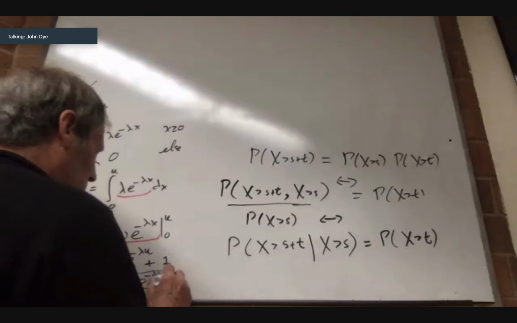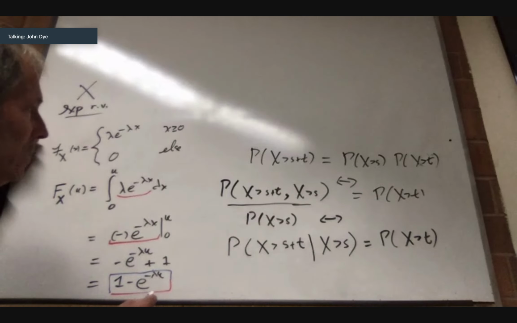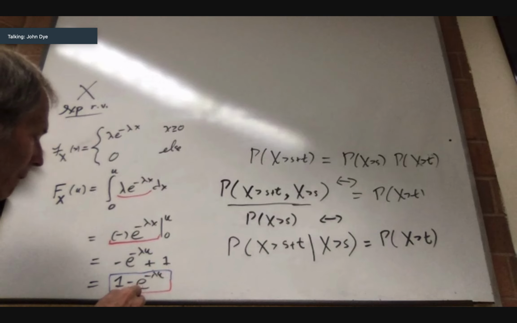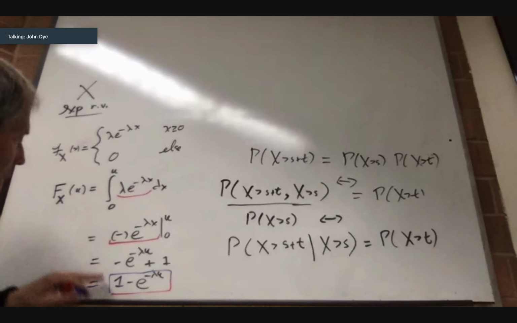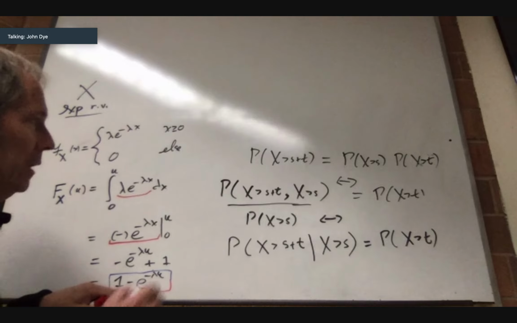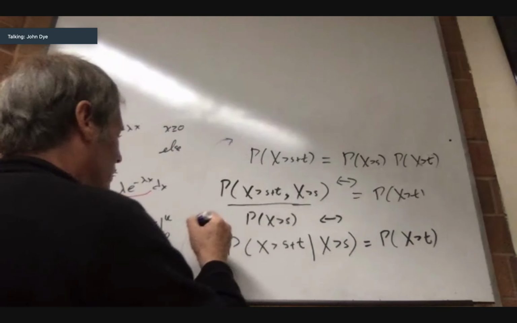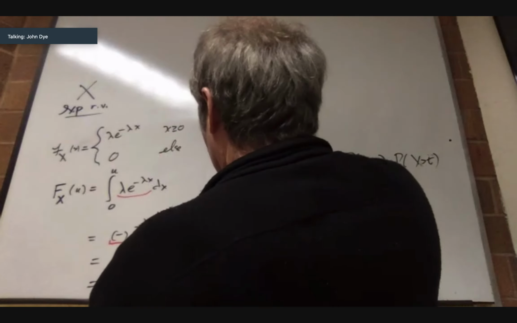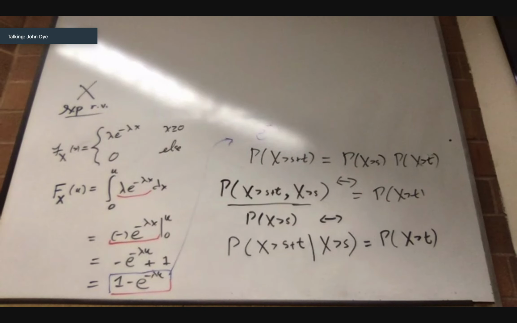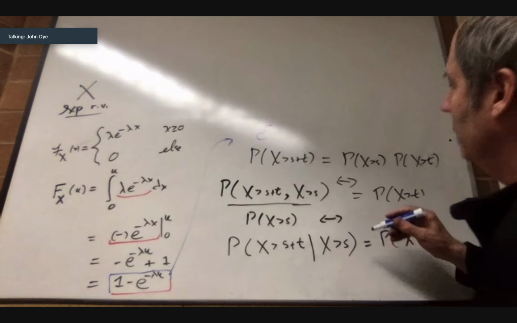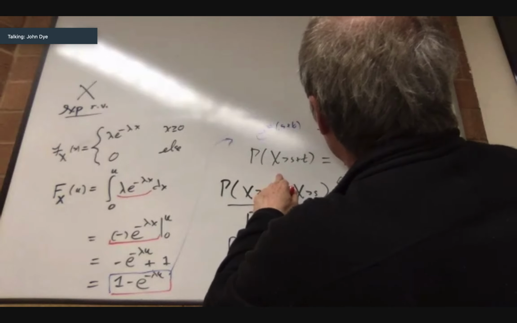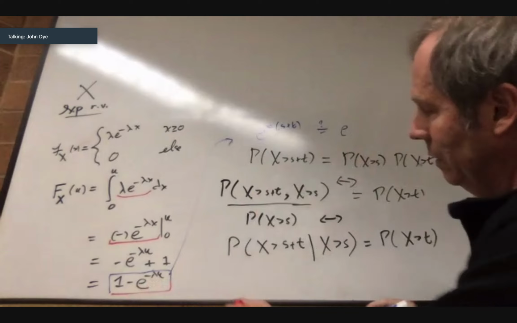It's in red, white, and blue. Now, the formula says the probability that X is greater than S plus T would be 1 minus the CDF at S plus T. Using the formula, that gives me e to the minus S plus T. Is everybody clear?